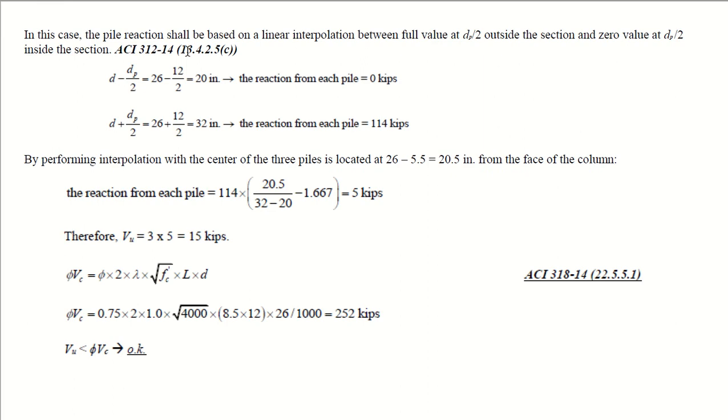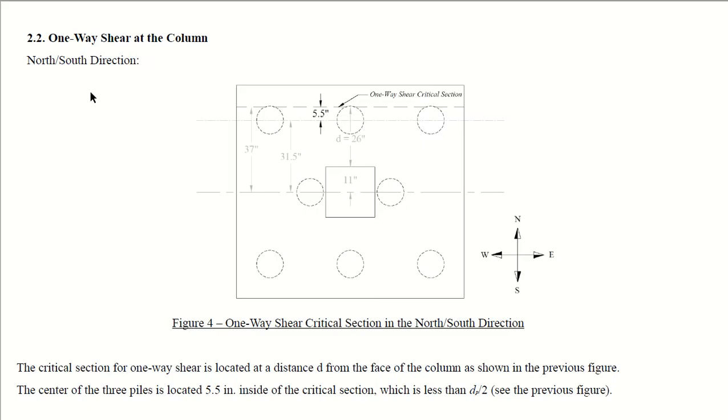So in this case, the pile reaction shall be based on a linear interpolation between full value at dp by 2 outside the section and zero value at dp by 2 inside the section. So it's a simple linear interpolation: either the line is lying outside, for example at 6 inches, or the second assumption is the line is lying at the center of the piles.